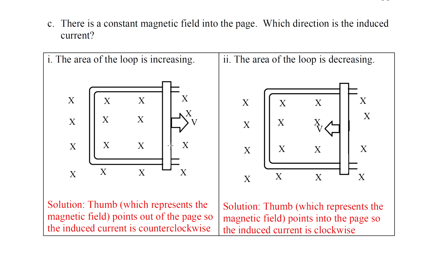So the area inside that loop is increasing. If A is increasing, we're going to get more magnetic field going into the page. We don't want more magnetic field into the page, so our thumb is going to point out of the page.